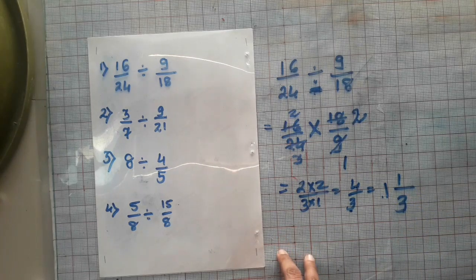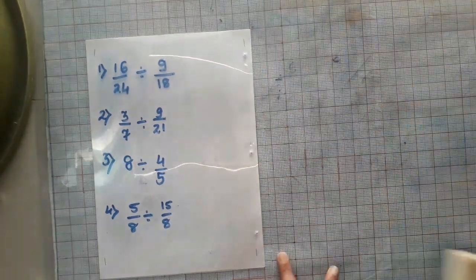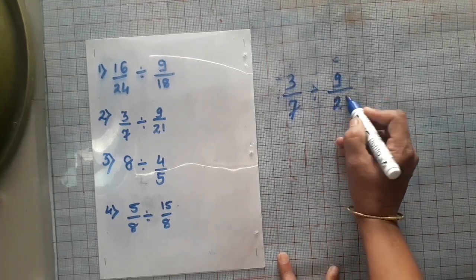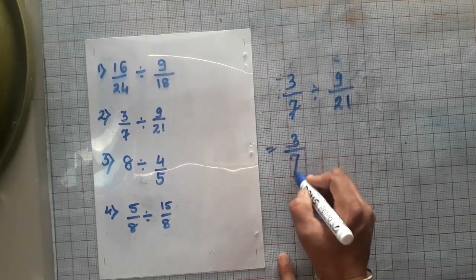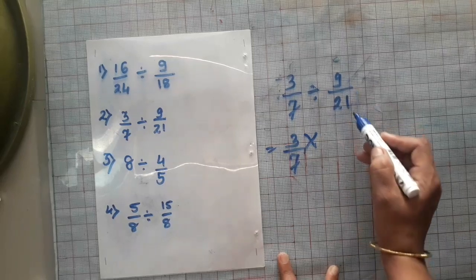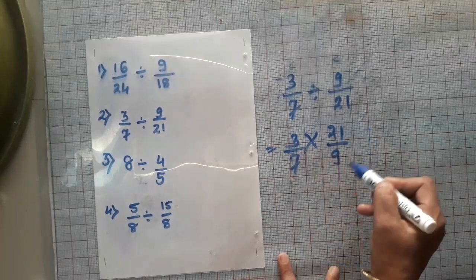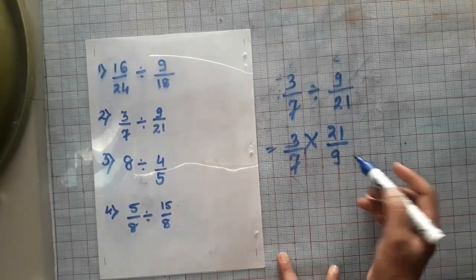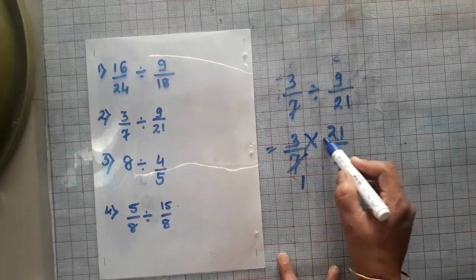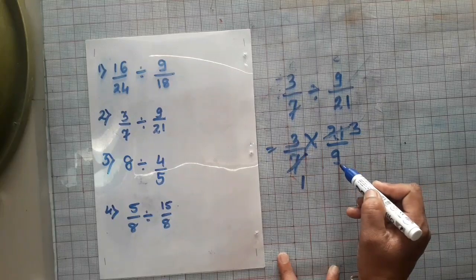Let's go for the next question. Here the next question you have it as 3 upon 7 divided by 9 upon 21. So here 3 upon 7, in place of division I will write the multiplication sign, and the reciprocal of the number, that is here 21 upon 9. Now I have to think whether it's possible to reduce these terms or not. 7 and 21 simultaneously come in the table of 7. 7 1s are 7, 7 3s are 21, and these two numbers are in table 3.